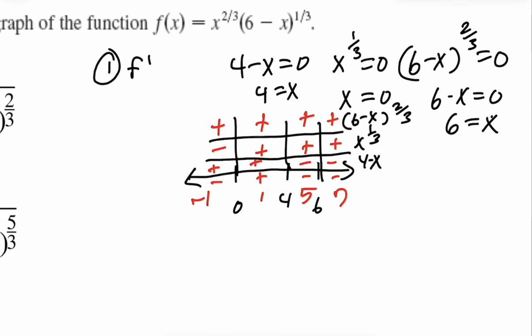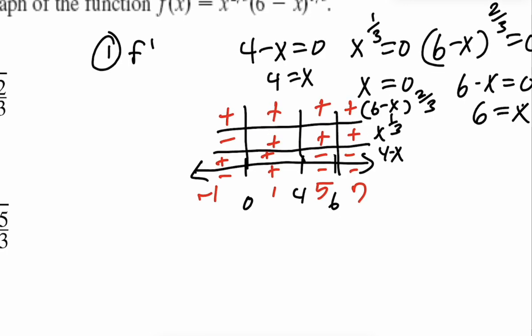So we know right now from our first derivative, it goes down then up. So that is a local minimum. It goes up then down. That is a local maximum. It doesn't, it just kind of goes through it.